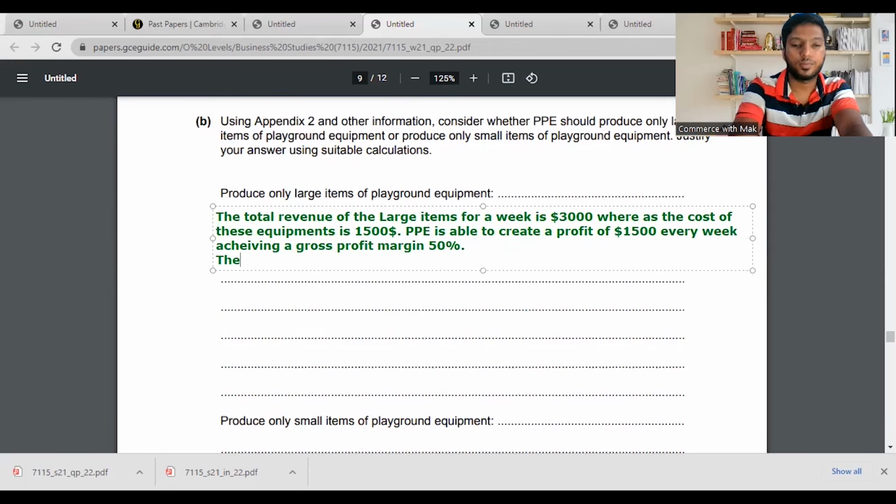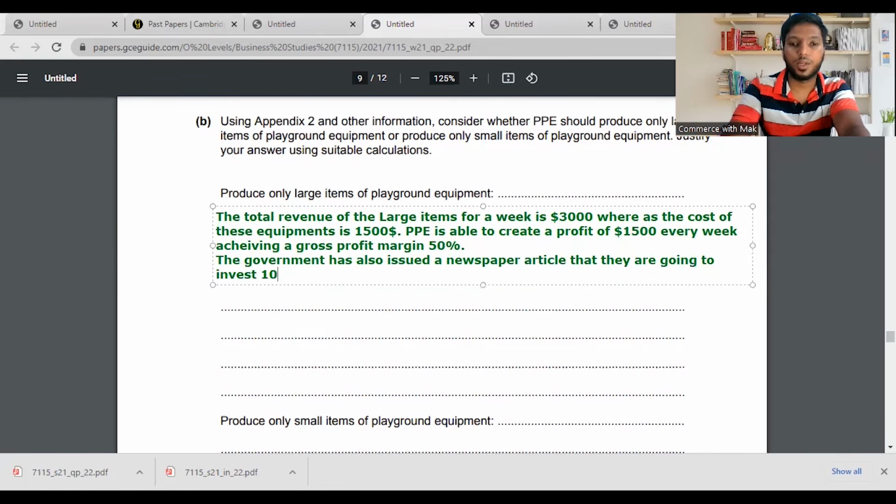In the long term, the government has also issued a newspaper article that they are going to invest 10 million on future playgrounds. This will create 2,000 playgrounds.